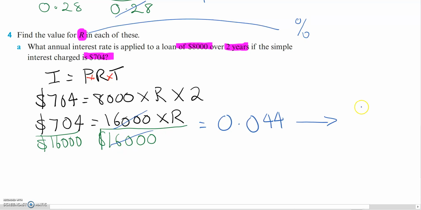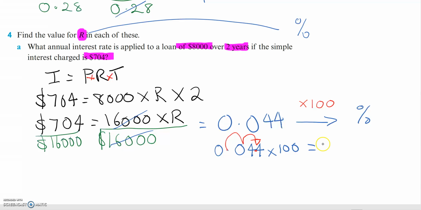So to turn a decimal into a percentage, we take the number as a whole and multiply it by 100. 0.044 multiplied by 100 equals, when we multiply by 100, we take the decimal point and move it right 1, 2 positions, and it ends up becoming 4.4%. And that's pretty much it.